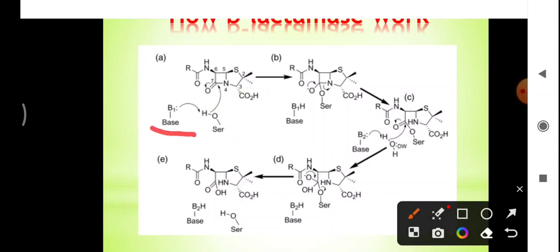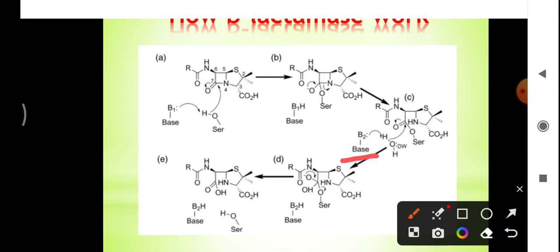The general base B1 activates the serine for the nucleophilic attack on the amide carbonyl carbon, that is the carbon number 7, generating a covalent acyl enzyme. This is the covalent acyl enzyme and this is the acyl group, via the tetrahedral oxyanionic acylation transition state. This is the tetrahedral oxyanionic acylation transition state.